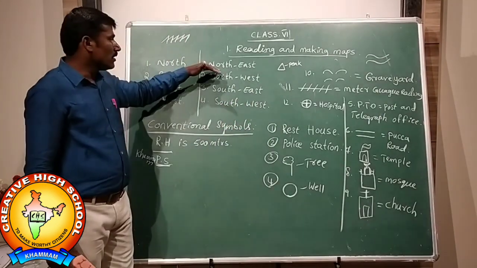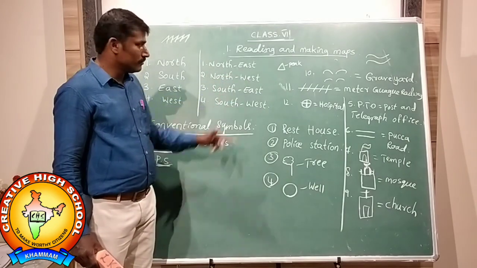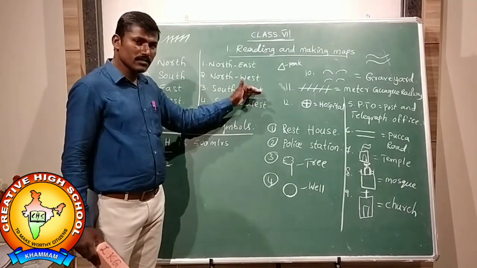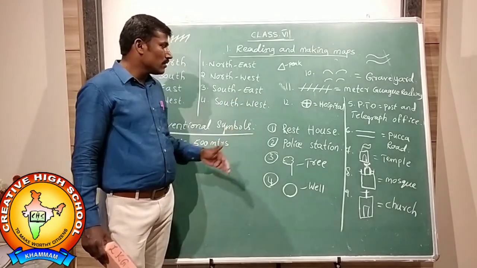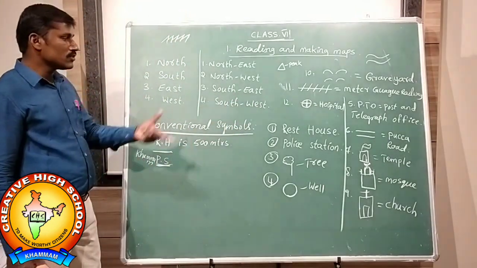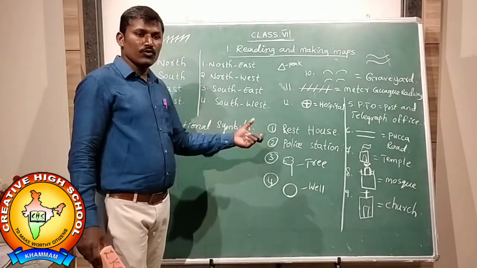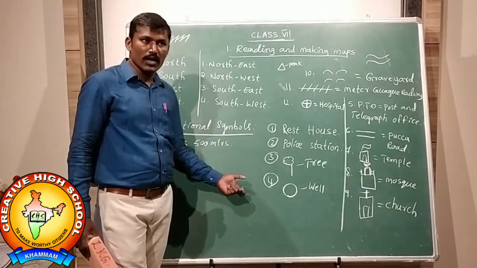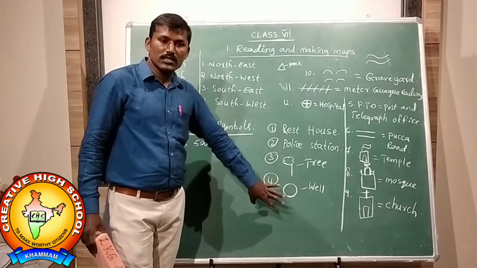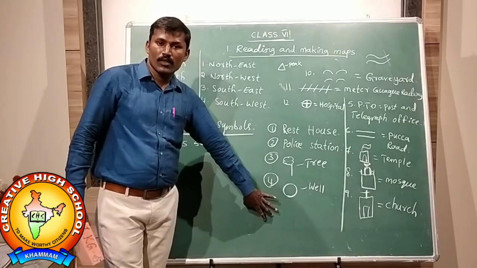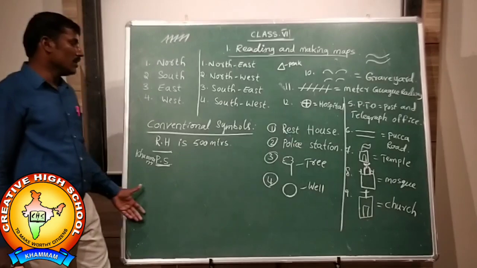That is the northeast, northwest, southeast, southwest. Here, how can we understand that particular symbol? By using these particular symbols only, we are able to reach that particular place. To reach that place, we are using these different kinds of symbols.